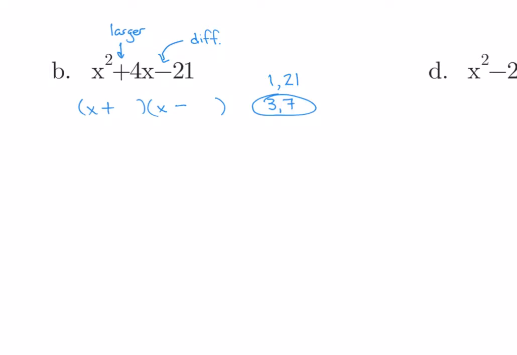Now as I set up here, my larger number I want to be positive, so I'm going to put my 7 with my plus and my 3 with my minus. If you multiply this out, you will get back the original problem.